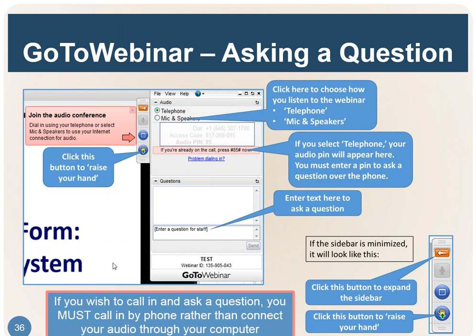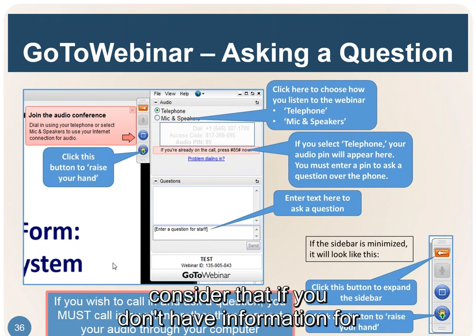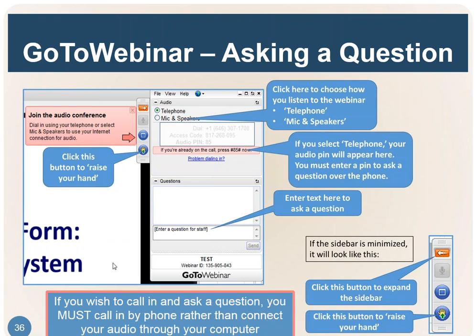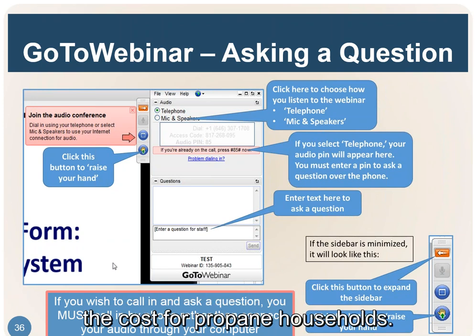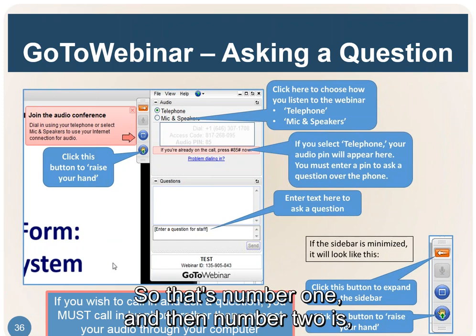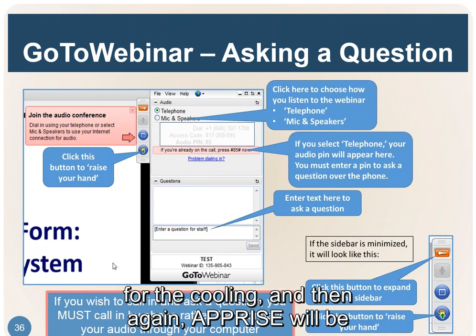Take a look at the total energy bill for your propane households and consider that if you don't have information for that individual household, your best guess is the cost for propane households. So that's number one. And then number two is what share of that is for the heating or for the cooling.